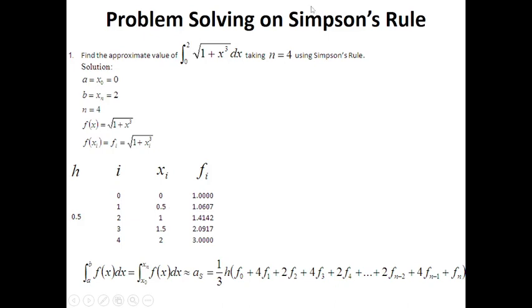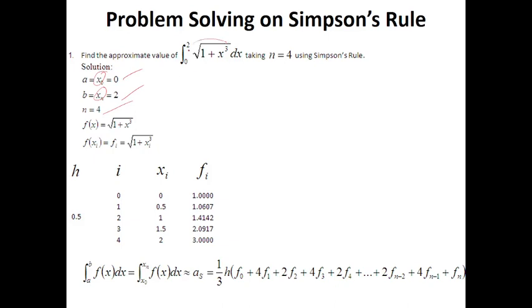So here's the problem, similar to the previous example in the past. Find the approximate value of the integral of square root of 1 plus x cubed dx, limits from 0 to 2, taking n equals 4, using Simpson's rule. So we have x sub 0 and x sub n, 0 and 2, n is 4.